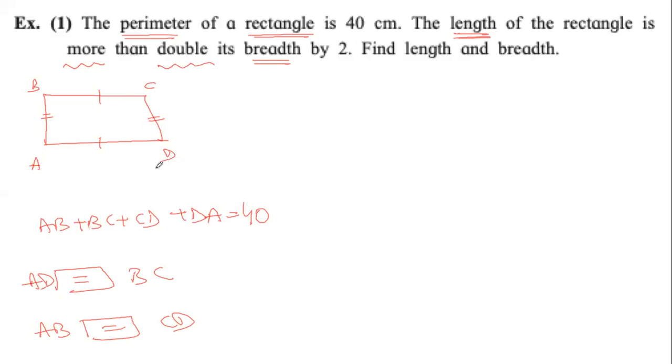Now, if I form the equation for this particular rectangle, I can pick up one of the lengths. So I can say AD is equal to more than double. Double of the breadth means 2 into AB, more addition by 2. This is the equation. This is how I understand.